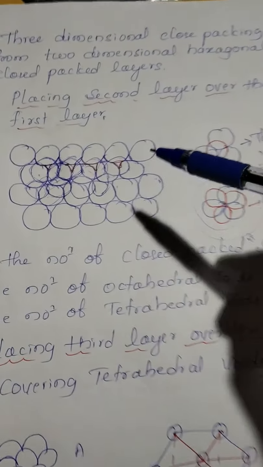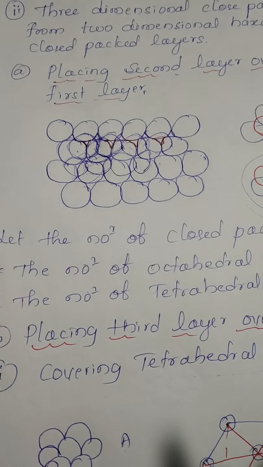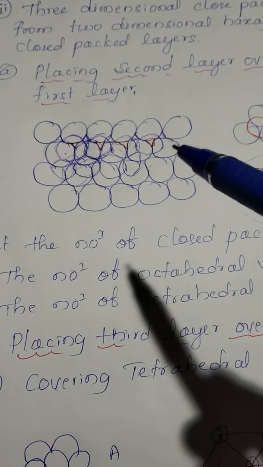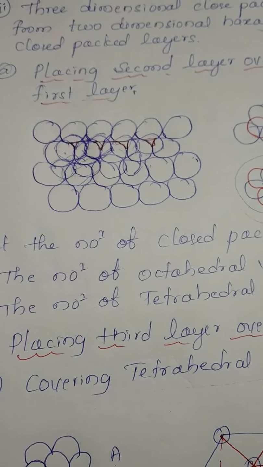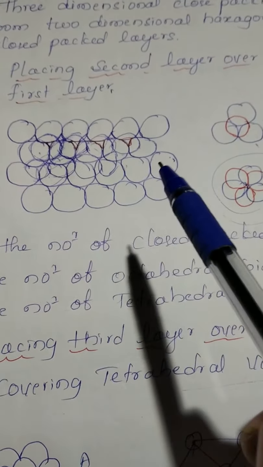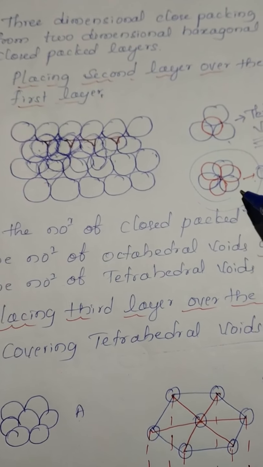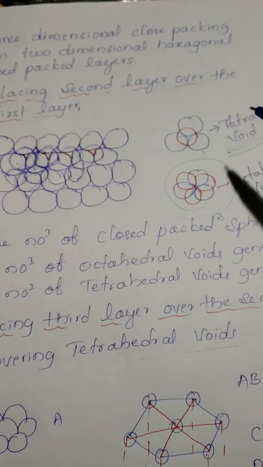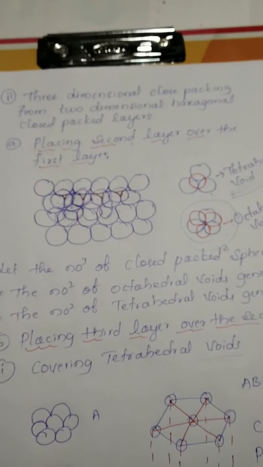Just as I said, when we place the second layer over the first layer, two voids are created: the tetrahedral void and the octahedral void. The number of tetrahedral and octahedral voids depends on the number of close packed spheres.